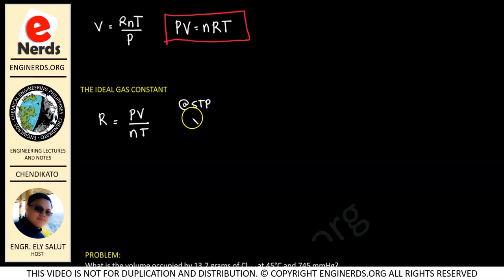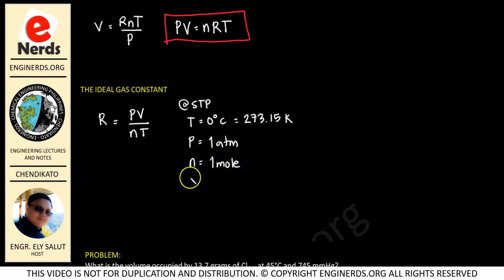And we learned that at STP, our temperature is equal to 0 degrees Celsius, which is equal to 273.15 Kelvin. Our pressure is equal to 1 atmosphere. And in this case, we will be checking the value of our R for every 1 mole of our material. So our n will be equal to 1 mole.